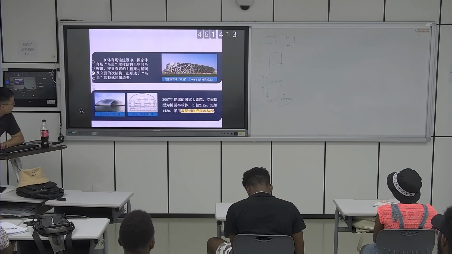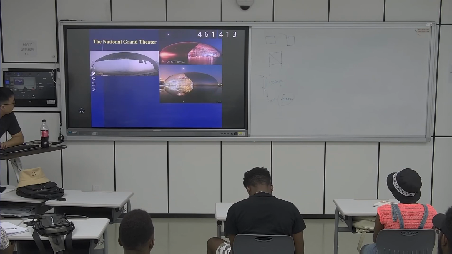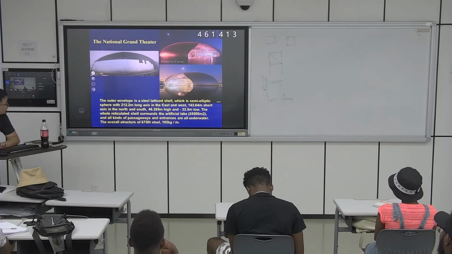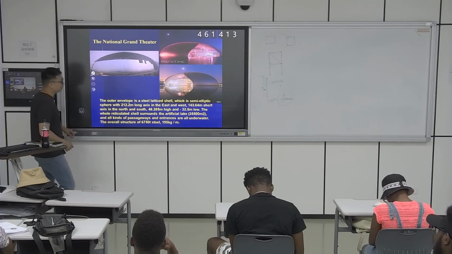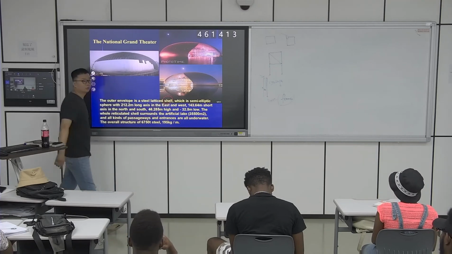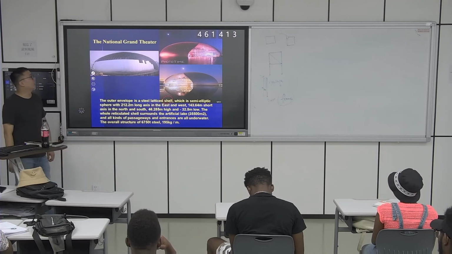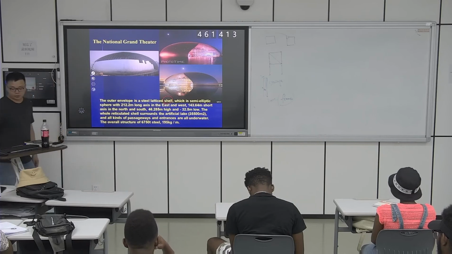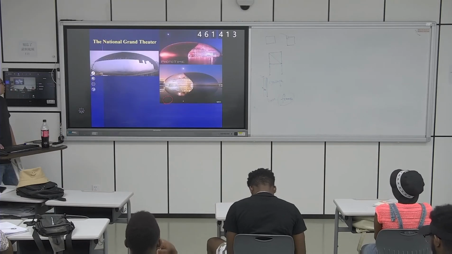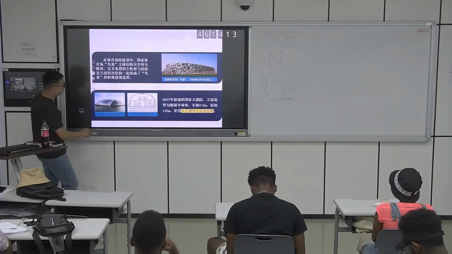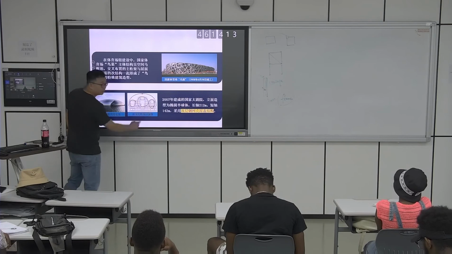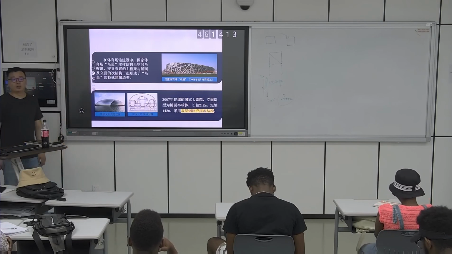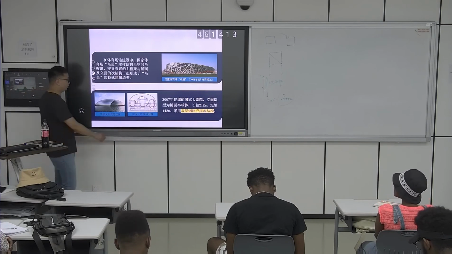Okay, this building is finished. You can see this one, the National Grand Theater. This is steel structure. It also includes the shell part. The National Grand Theater has three music rooms. We wanted, for the Chinese government, to make them together.